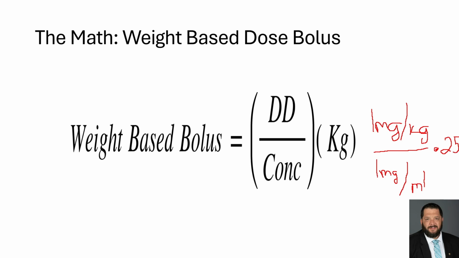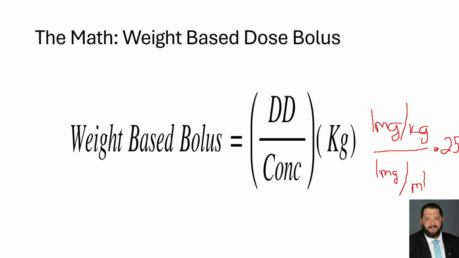I'm not going to have room on the screen to write the kilograms, and I apologize. The first step would be to make sure that our terms match. Do milligrams match milligrams? Do kilograms match kilograms? And your kilograms are here on the 25. So those indeed match. Step 2 would be to solve for a single unit of volume. In this case, our concentration given to us was in a single unit of volume, 1 milligram per milliliter.